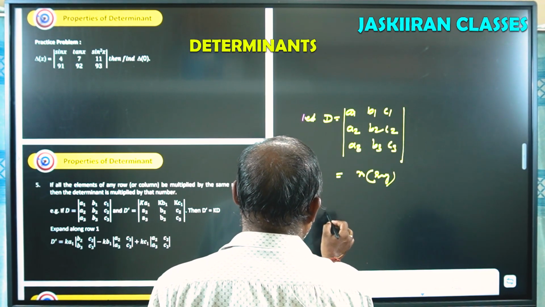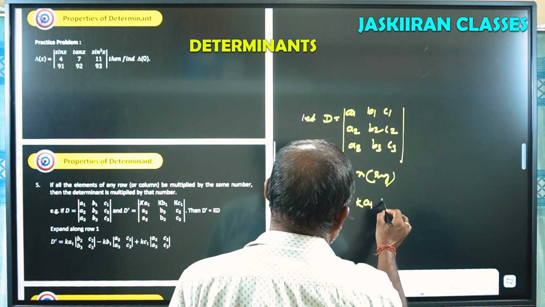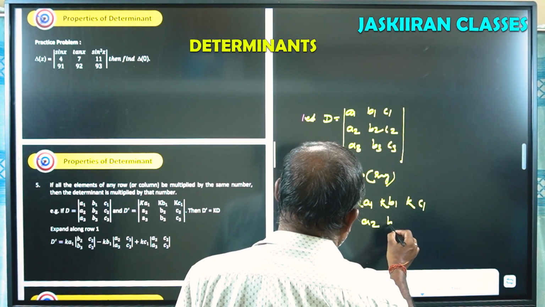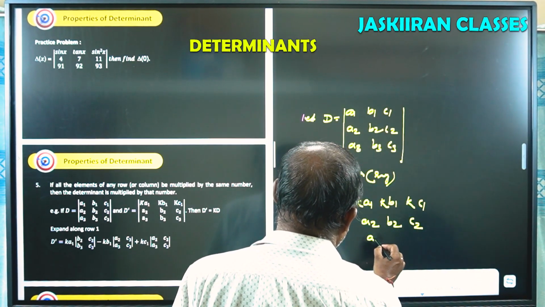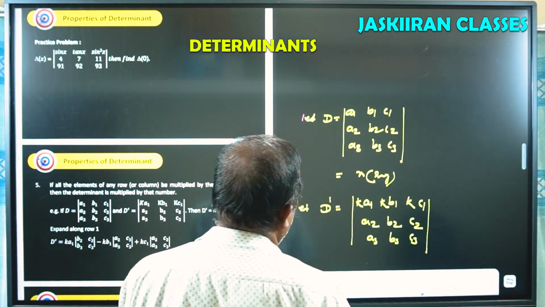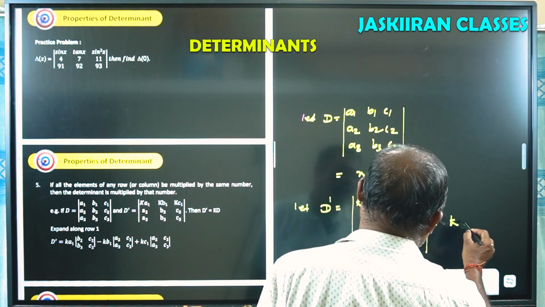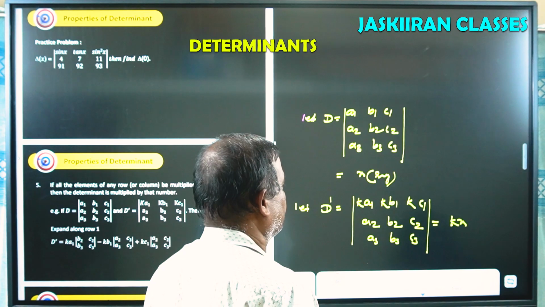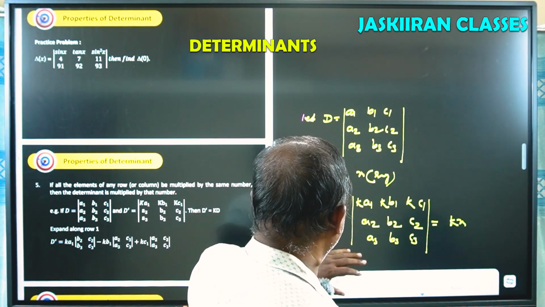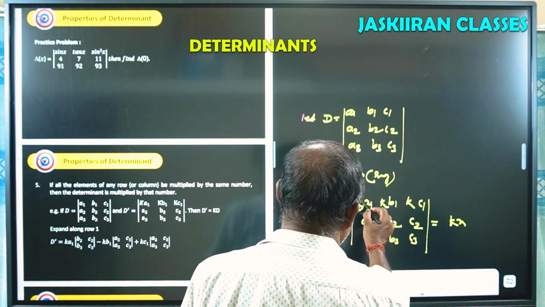The other determinant is del dash. Let it be K A1, K B1, K C1, A2 B2 C2, A3 B3 C3. So the value of this determinant is Kx. The original determinant's value is x, and in del dash one row is multiplied by the same number, k.